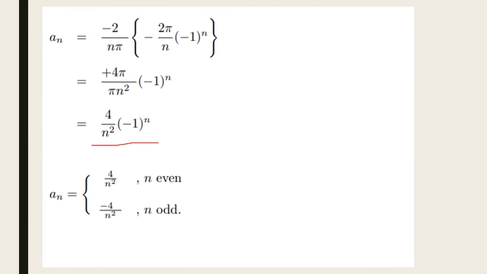We could simplify that expression: a sub n is equal to positive 4 over n squared if n is even, and negative 4 over n squared if n is odd. We need to keep that in mind.